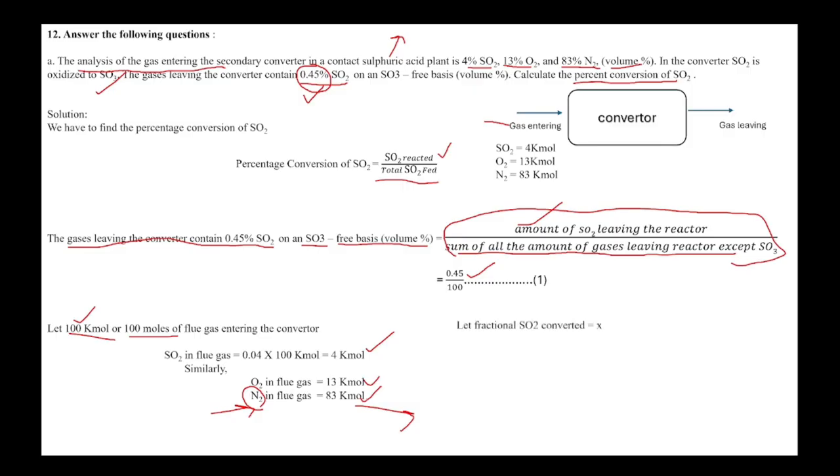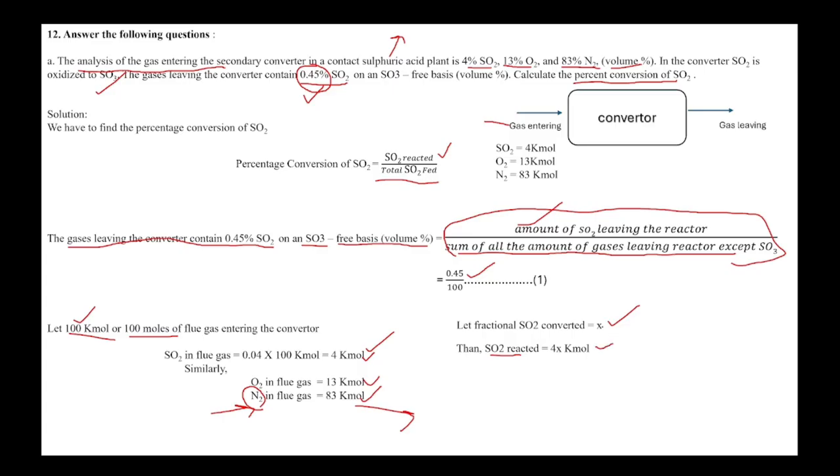Now let the fraction of SO2 converted be x. Fractional conversion, so this value will be in decimal. Since x is converting and we are feeding 4 kilomole of SO2, SO2 reacted will be 4x.